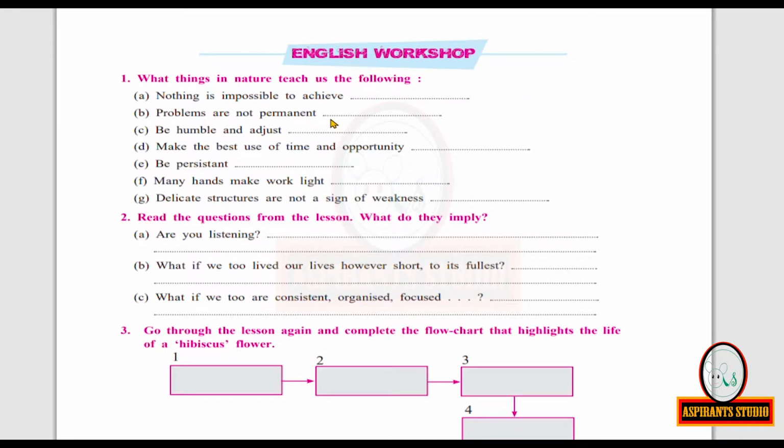Problems are not permanent. You can write trees that are bare in winter. Be humble and adjust. You can write water. Make the best use of time and opportunity. You can write flowers.